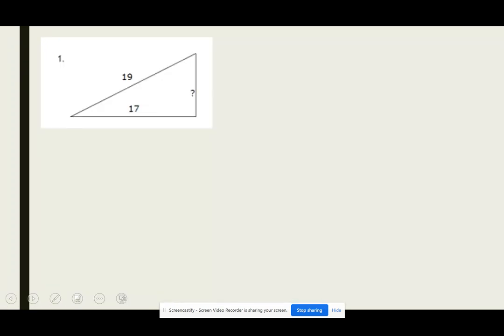Okay, so number 1, if we're looking at this, we are given the hypotenuse, we are given C, and we're also given A, and we're missing B. Again, A and B can be switched, it doesn't matter which one's which, but I'm going to use that same equation, which was A squared plus B squared equals C squared.